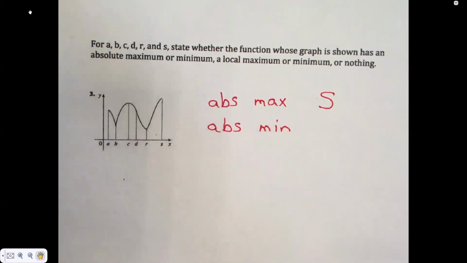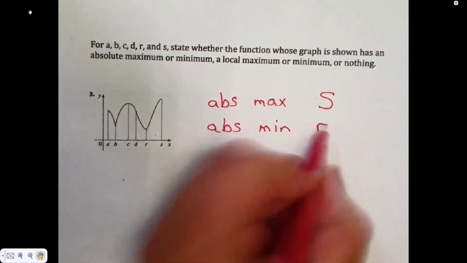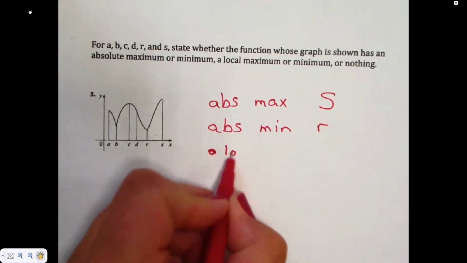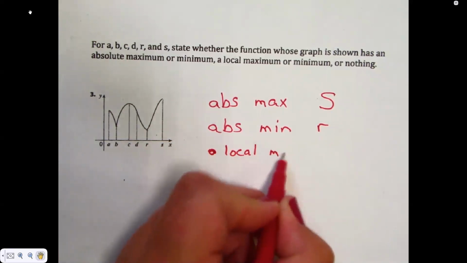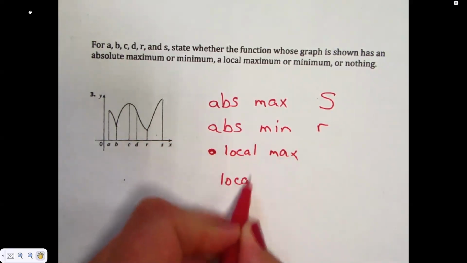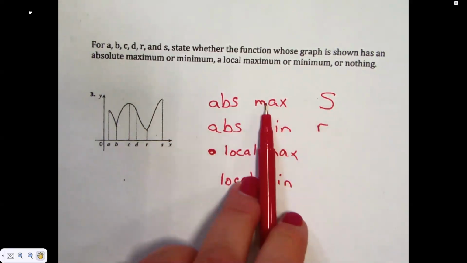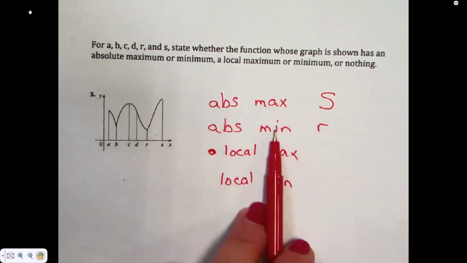All right, how about absolute min? Good, we're doing okay. Absolute min, and again, these are pretty close, but I think the lowest one is R. All right, let's even do local max and local min. S was an absolute max, R was an absolute min.